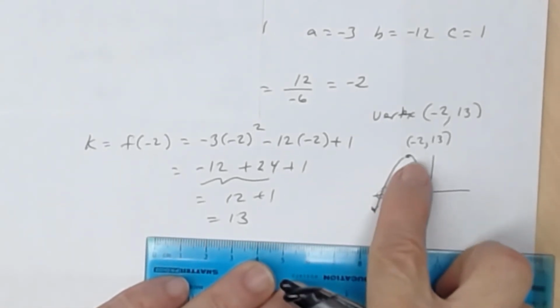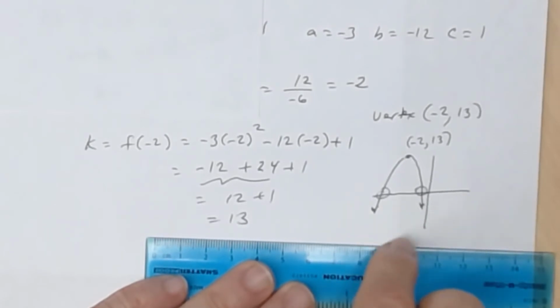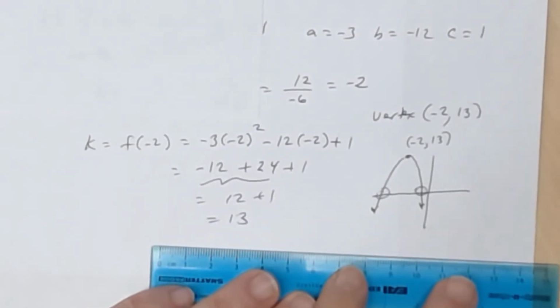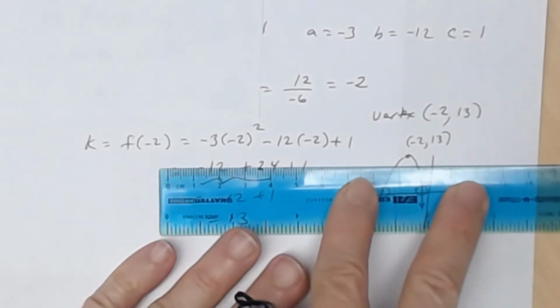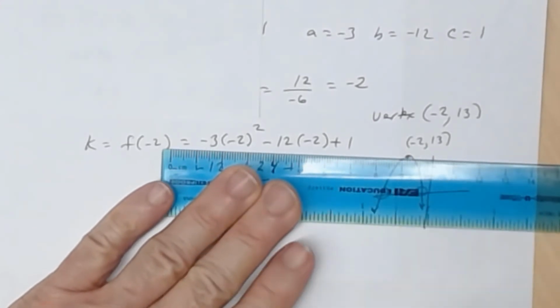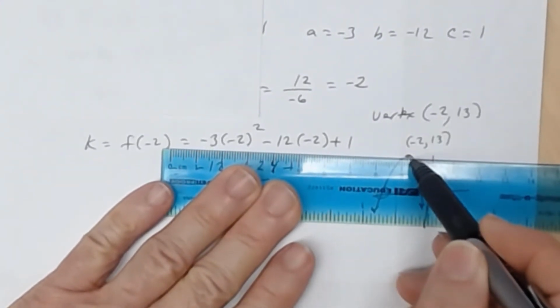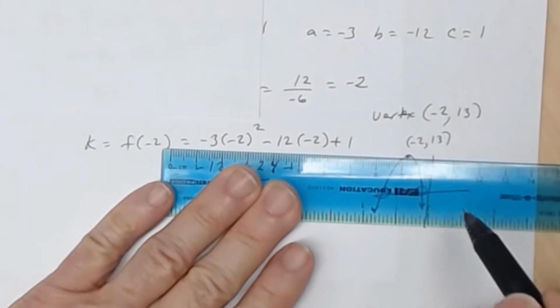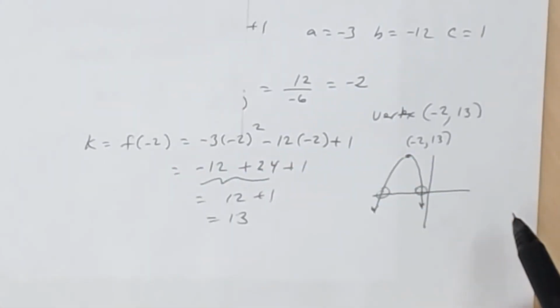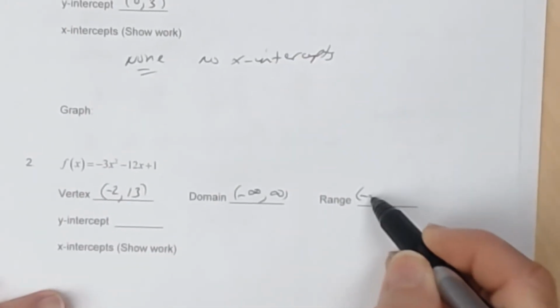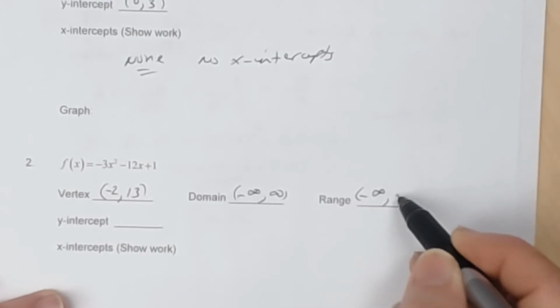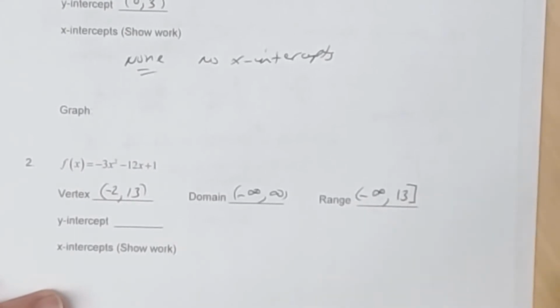Notice that this vertex is a maximum point, and the arrows are pointing down. So I'm going from negative infinity all the way to the largest y value. Now, if this is a maximum point, then the largest y value is 13. Okay? So my range is going to be from negative infinity, parentheses, all the way to 13 with a bracket.